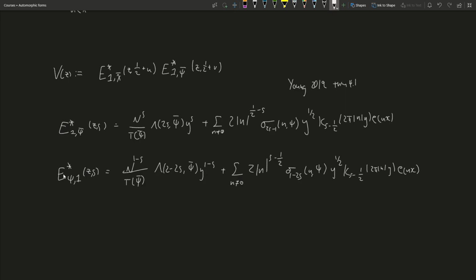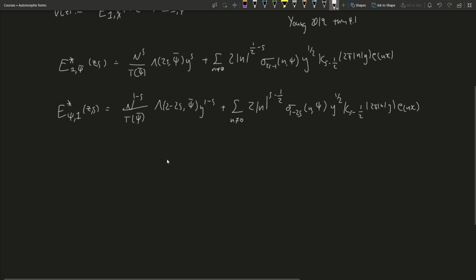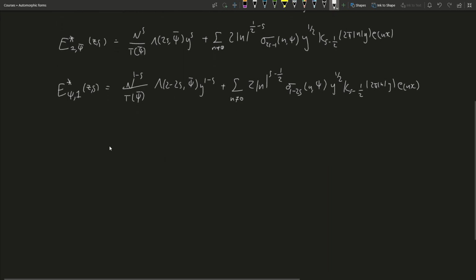And the reason I write down the second one is because you have this identity: E of χ1, χ2, and then here σ_0 means the Fricke involution in the case that N is prime. In general, it's a scaling matrix at 0.